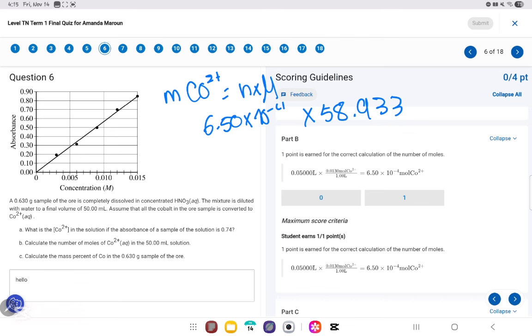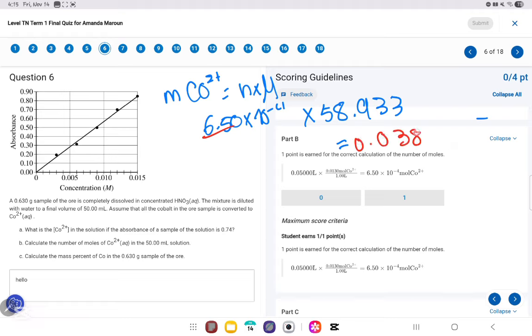This will give me my answer to be 0.038306. We take it to the correct significant figures, which is the smallest, which is 3, so 1, 2, 3.